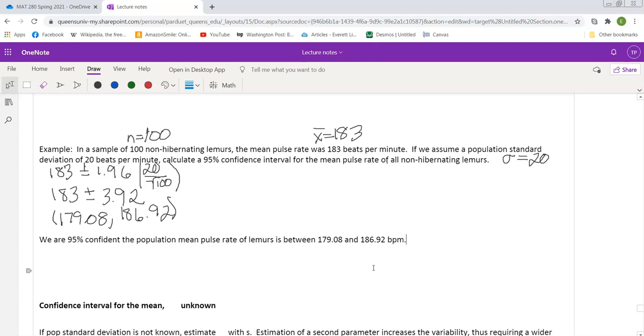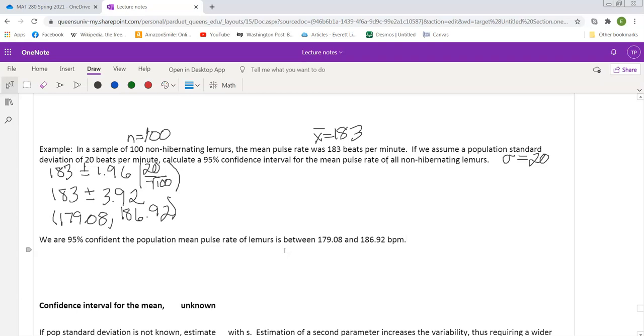The other thing you want to look out for is point out that this is the population mean. If you were to say the sample mean, or equivalently the mean pulse rate of the 100 lemurs or something like that, that would be saying that you're creating an interval for the sample mean.